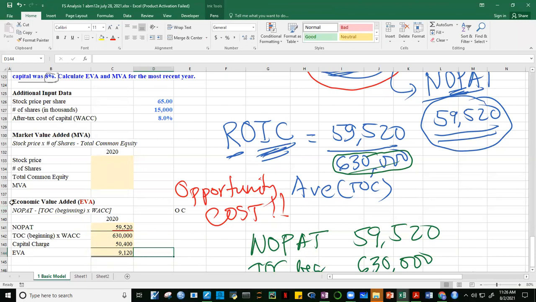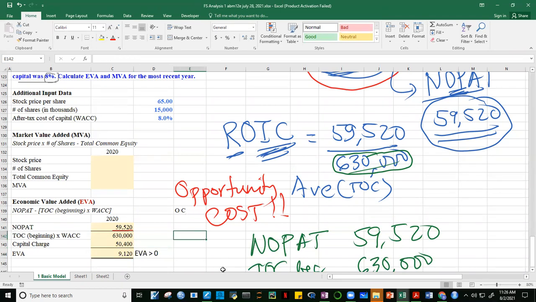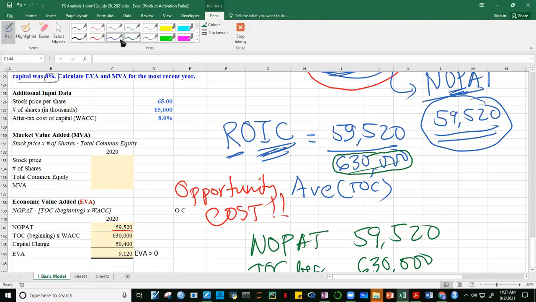If EVA is greater than 0, then you have value creation.